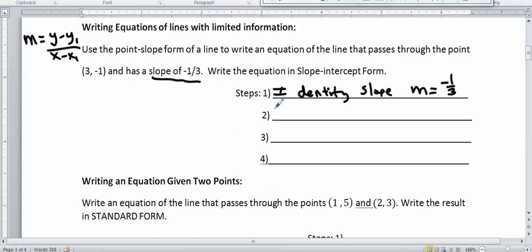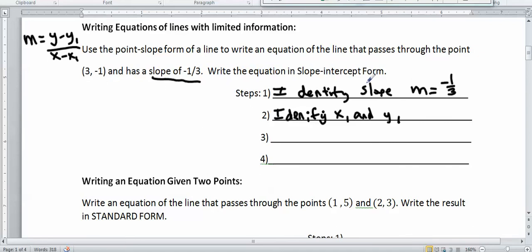Okay, and then the second thing you do is identify x1 and y1. Okay, so up here I've got a point. It says use the point-slope form to write an equation that passes through the point (3, negative 1) and has a slope of negative 1/3. Write the equation in slope-intercept form.